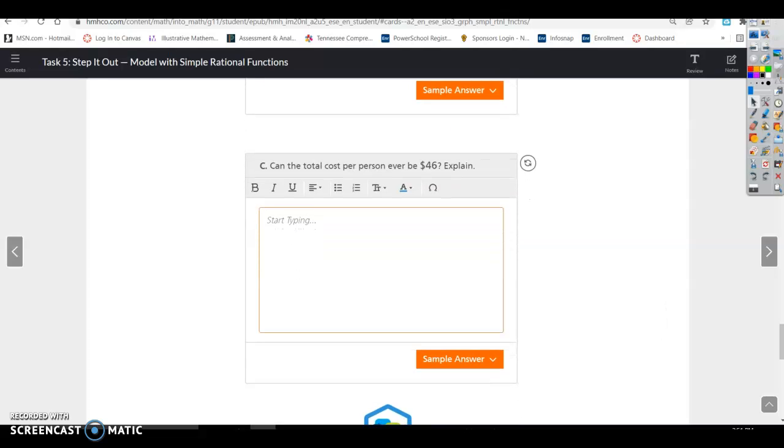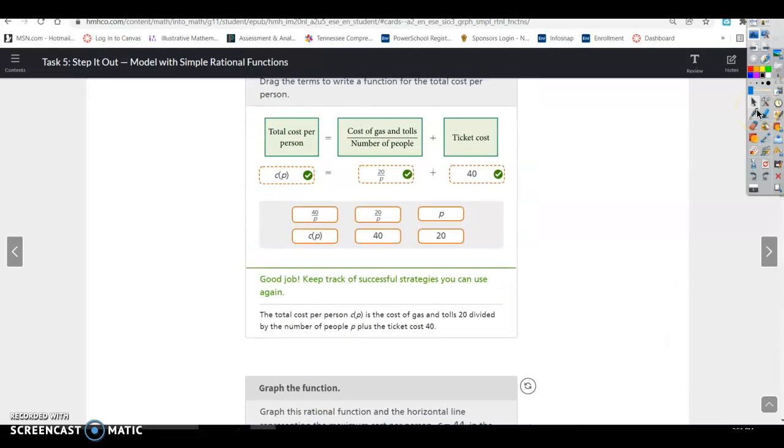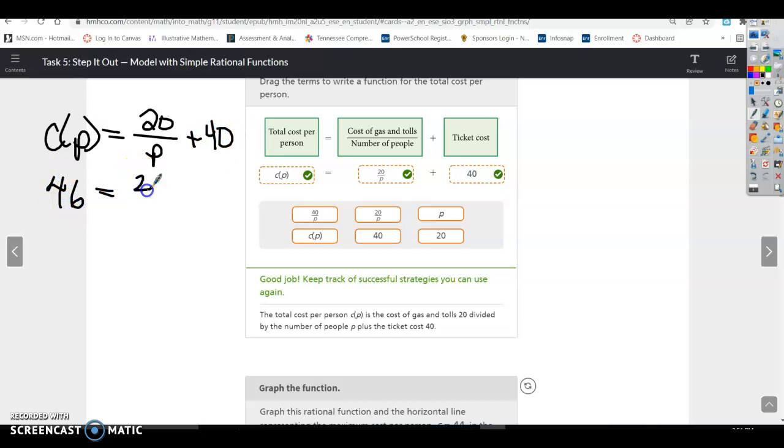All right, can the total cost per person ever be $46? Let's see. We're given a function, so let's see if it can be $46. Let's go back up here. We wrote a function, C of P equals 20 over P plus 40. We want to know, can it ever be $46?